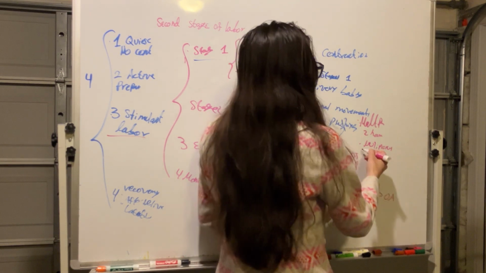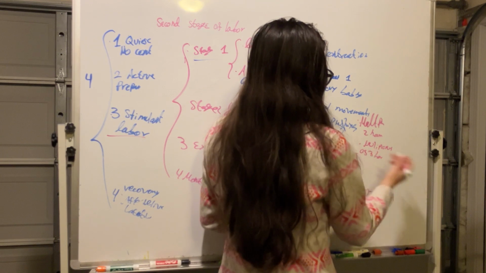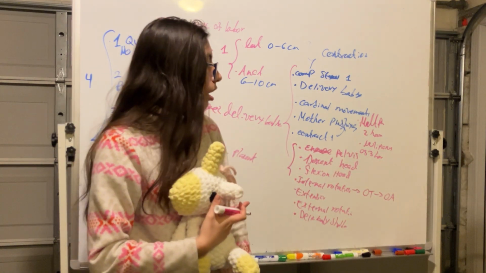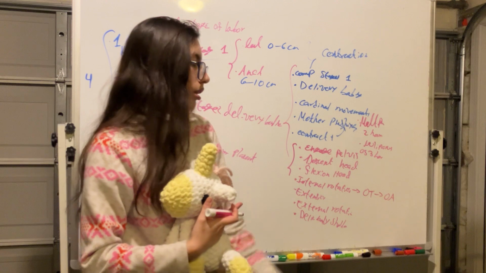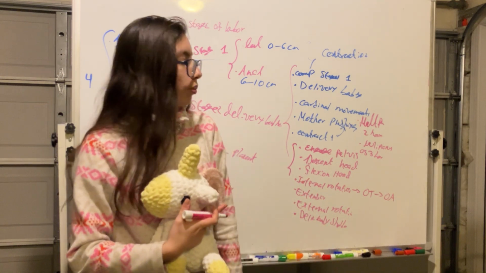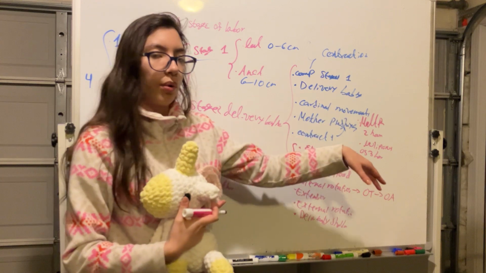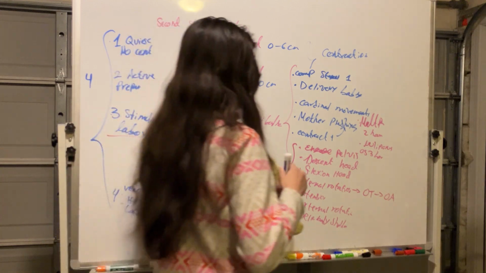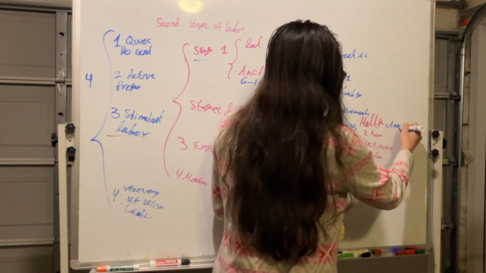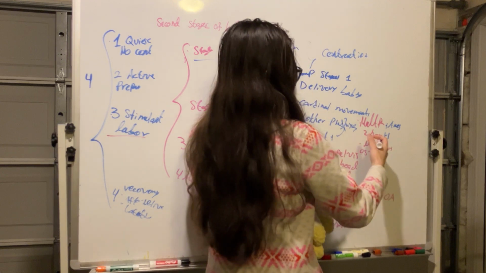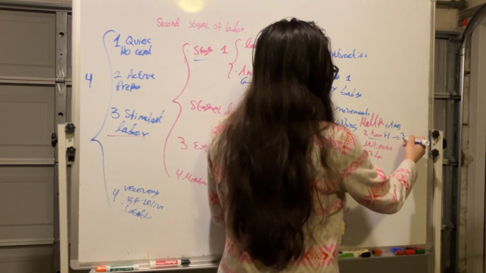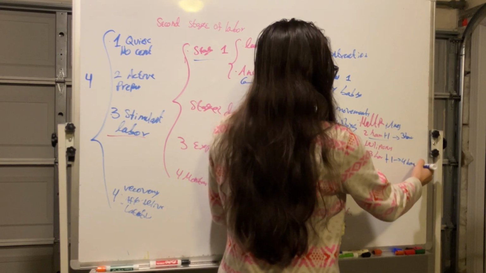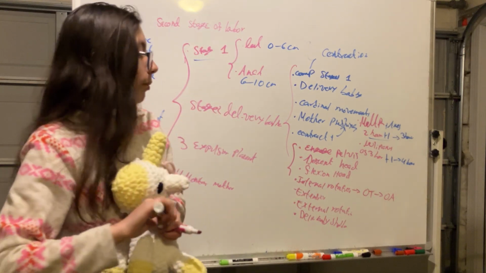I mean, this can take from half an hour to 3 hours, but pretty much it will take 2-3 hours. But if the patient is receiving anesthesia, which they likely will, we need to add 1 hour. So multiparous women receiving anesthesia, we add 1 hour. So normally they can take up to 3 hours to deliver the baby, and nulliparous can take up to 4 hours to deliver the baby.